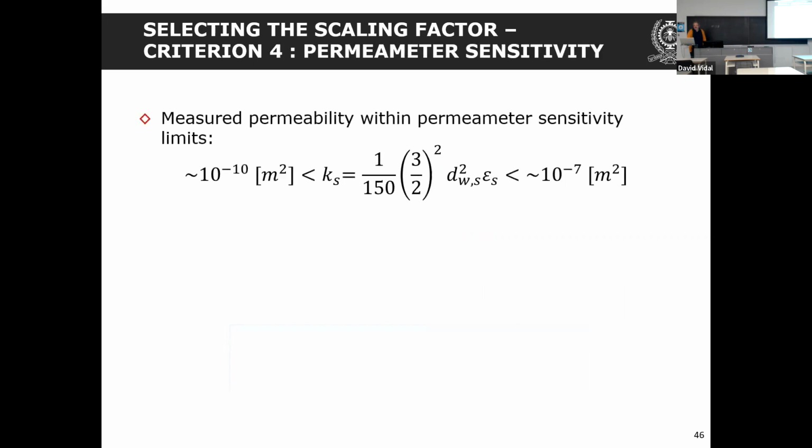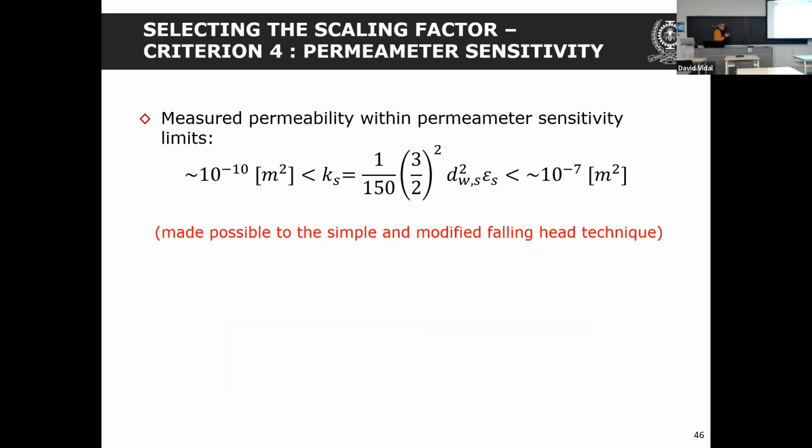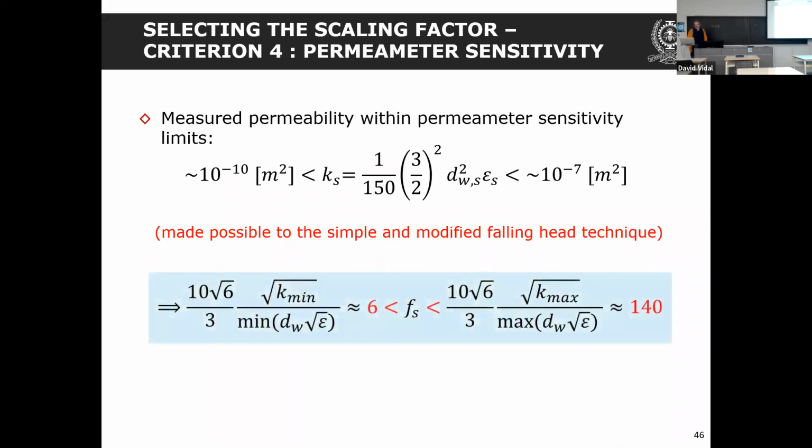And then the last one was the permeameter sensitivity. Of course, the permeameter has its own sensitivity and can measure permeability in a certain range. So eventually, after some algebraic calculation, this led us to a scaling factor between 6 and 140.